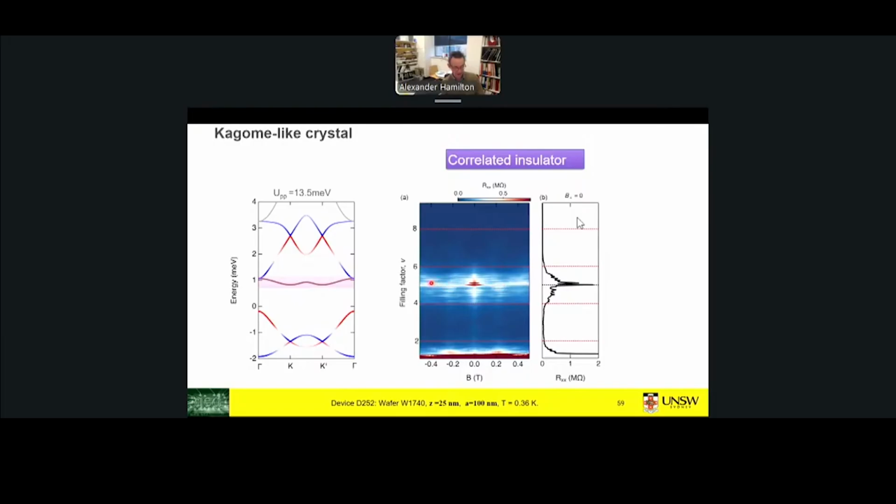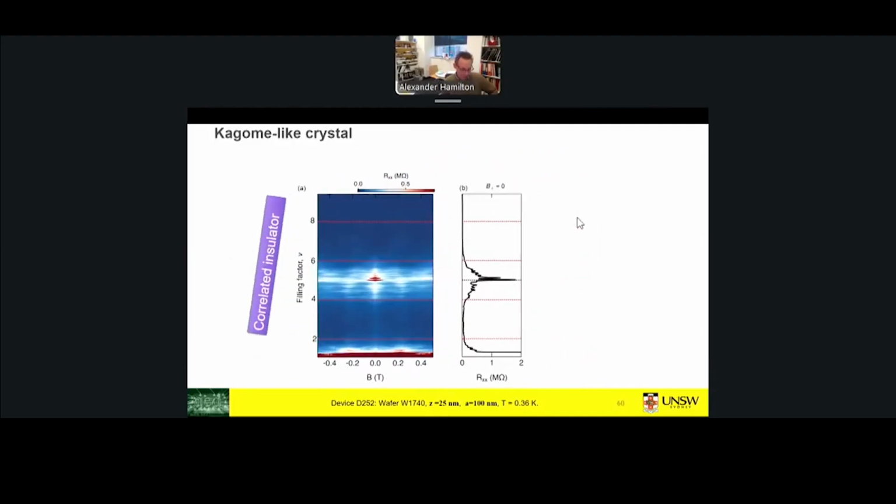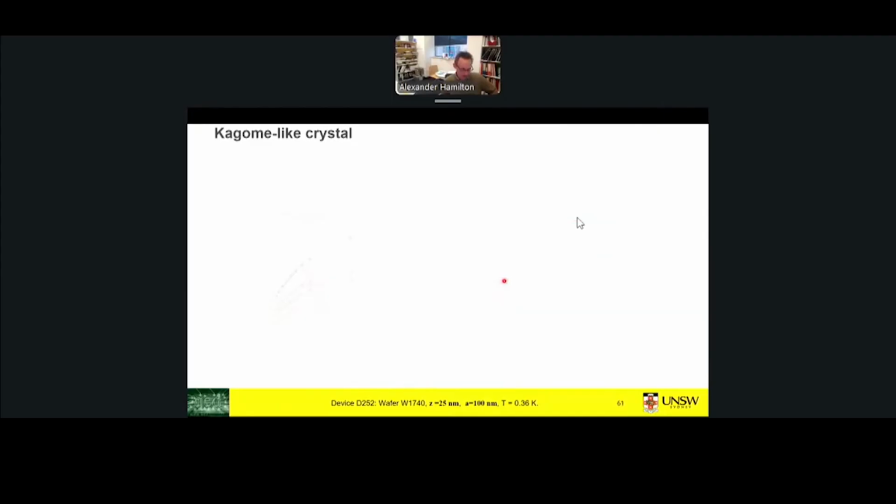I see. And is 0.1 Tesla roughly the right order of magnitude based on the Zeeman energy of the orbital magnetic moments versus the kinetic energy? You're quite correct. This is what we call the anomalous Zeeman effect, and this is the orbital Zeeman effect.